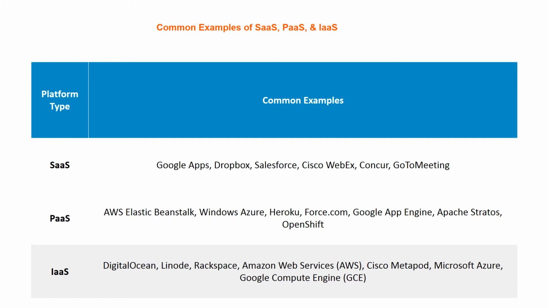Infrastructure as a service: DigitalOcean, Linode, Rackspace, Amazon Web Services, Cisco Metapod, Microsoft Azure, and Google Compute Engine.